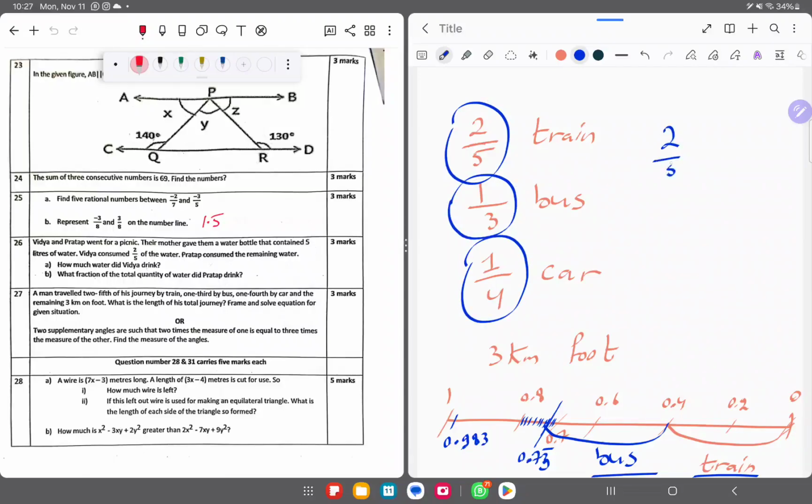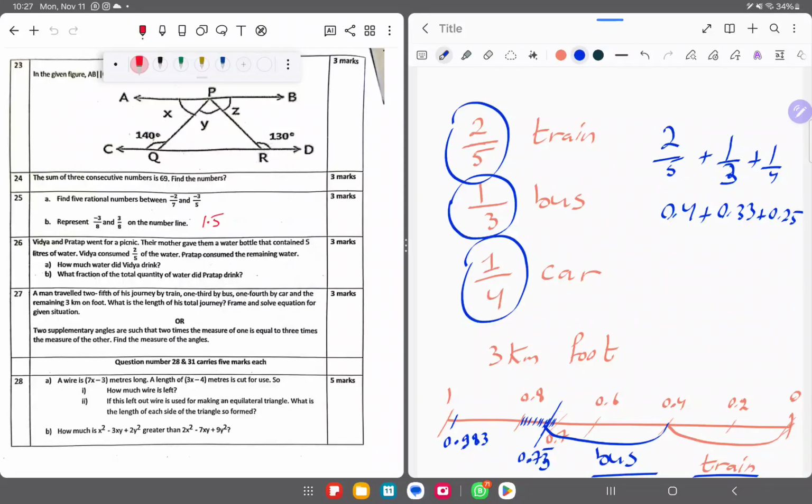Now if I did 2 over 5 plus 1 over 3 plus 1 over 4 from the start, 2 over 5 is 0.4, plus 1 over 3 is 0.333, and then 1 over 4 is 0.25.